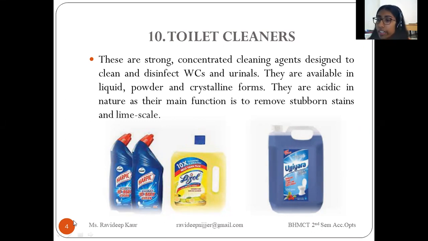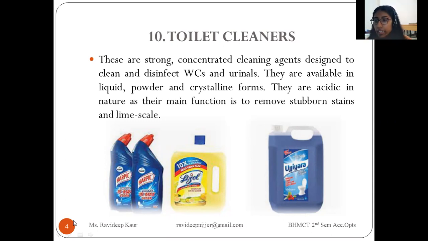So these toilet cleaners come in three forms: liquid, powder, and crystalline. They are acidic in nature, as their main function is to remove stubborn stains and lime scale.